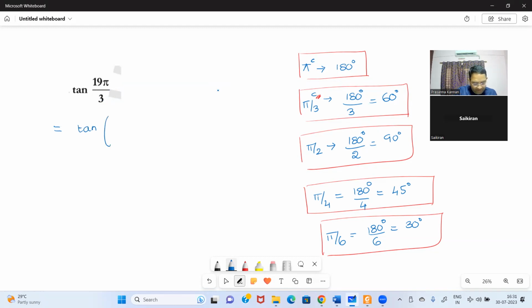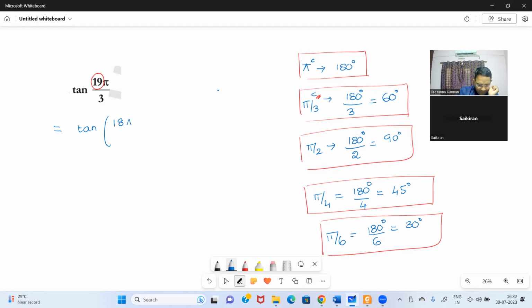What are the multiples of 3? Tell me the multiples of 3. 3, 6, 9, 12, 15, 18, 21. Now tell me which of these multiples 19 is closest to. 18, correct?